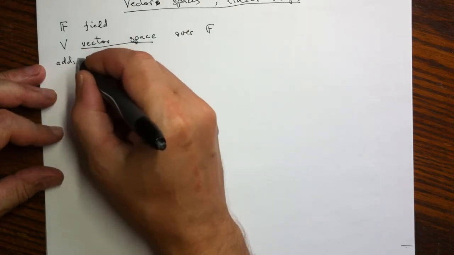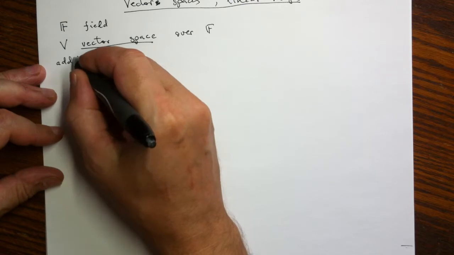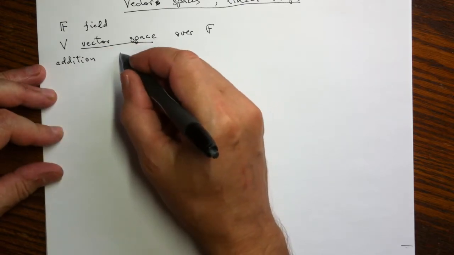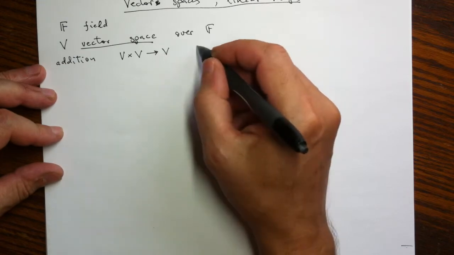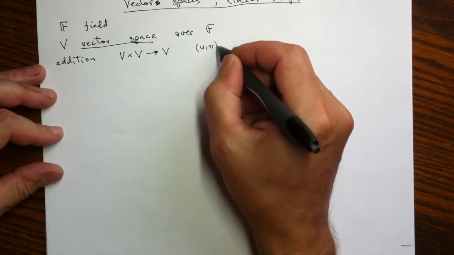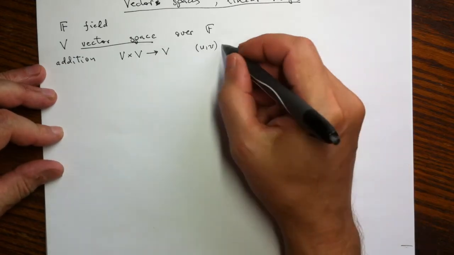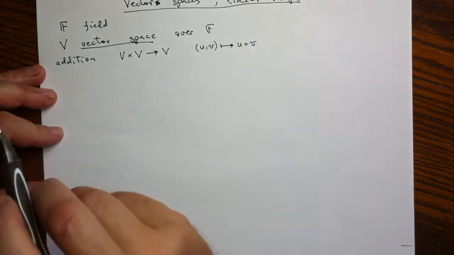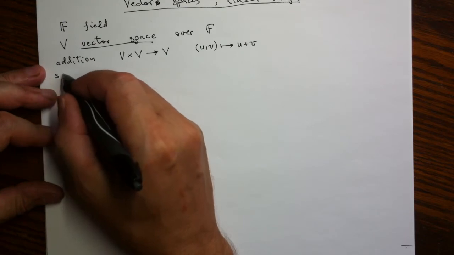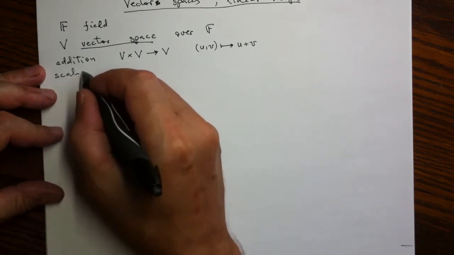One is addition, which formally is a binary operation. It takes a pair of vectors and assigns one vector to it, which we call the sum. And then the second operation I will call scaling.